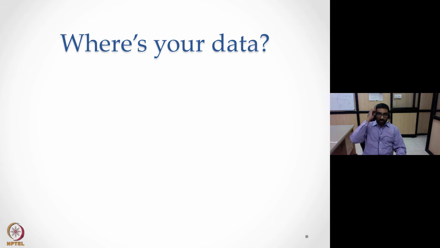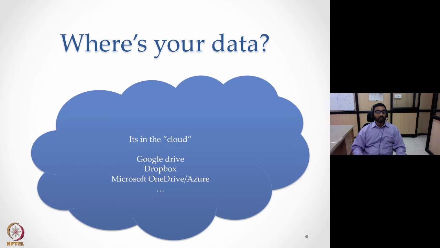Now, in today's context, when you think of data, where is it? A lot of us are storing it in the cloud. A lot of us have our data in Google Drive or Dropbox or Microsoft OneDrive, and we're getting used to running applications in the cloud. And what exactly does that mean?